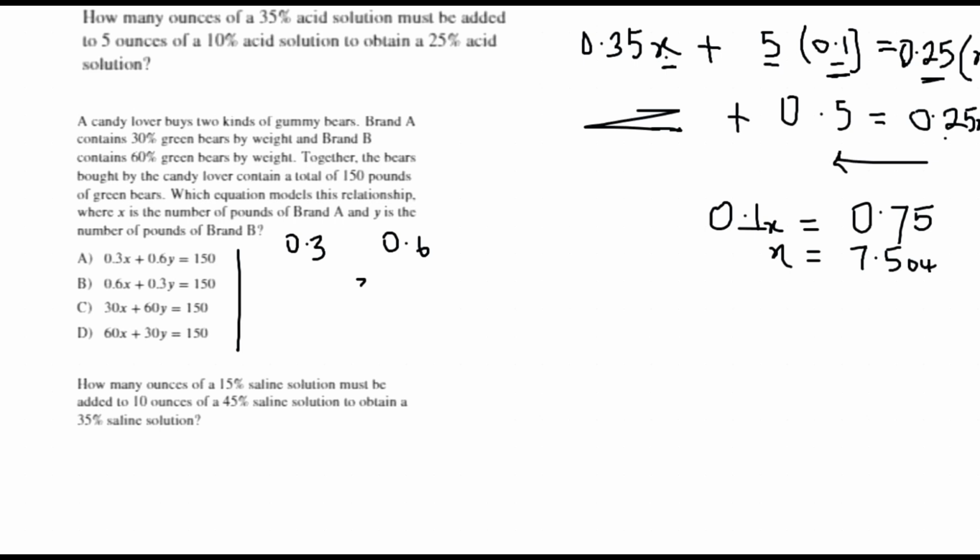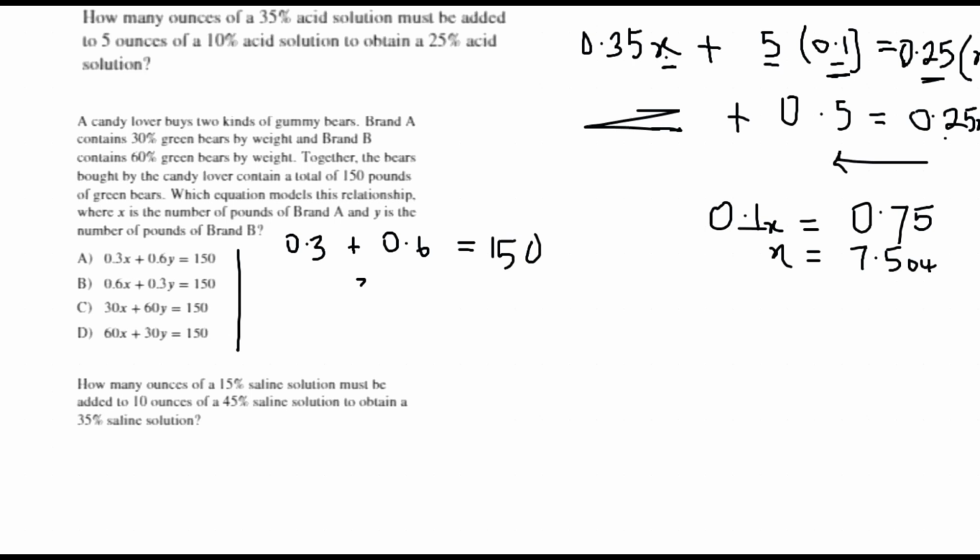Now what you have to do is match up each of them by the numbers. Brand A is 0.3, and x is the number of pounds of brand A, so you multiply 0.3 by x. Then y is for brand B. So this should be the equation you set up, and I think that is A. So our answer is A.